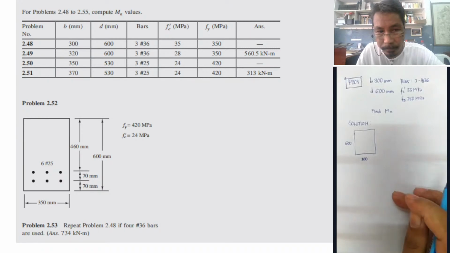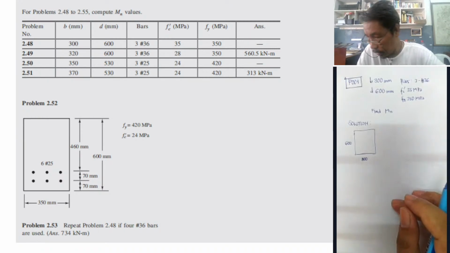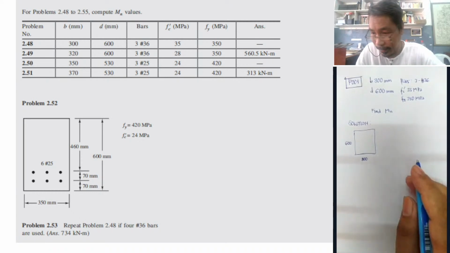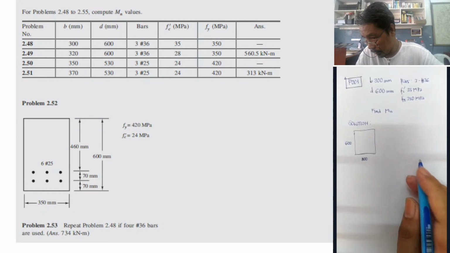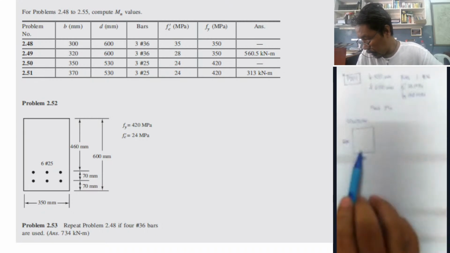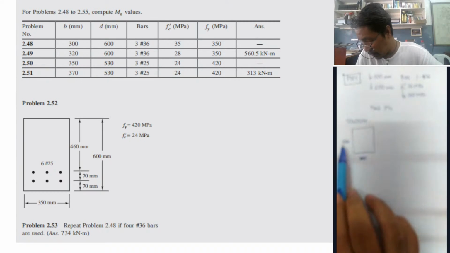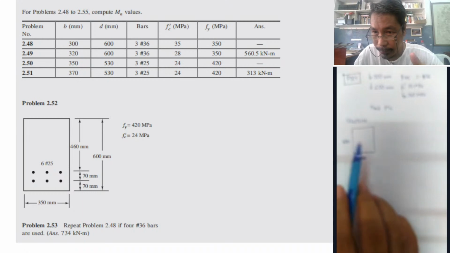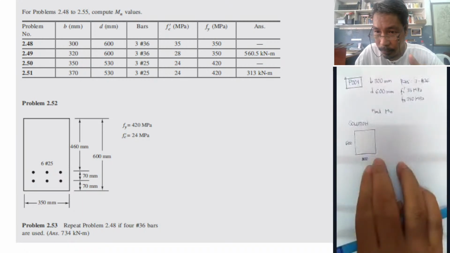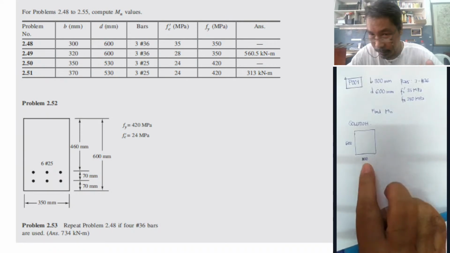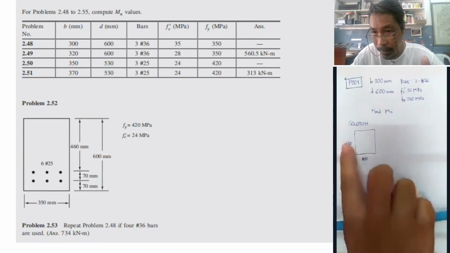But as you can see, 600 is D. It is not H. So take note of the difference. If this is the figure, this is supposed to be BH. Take note. Very important thing. So remember, if you draw it this way, this is supposed to be BH. But the given is BD.